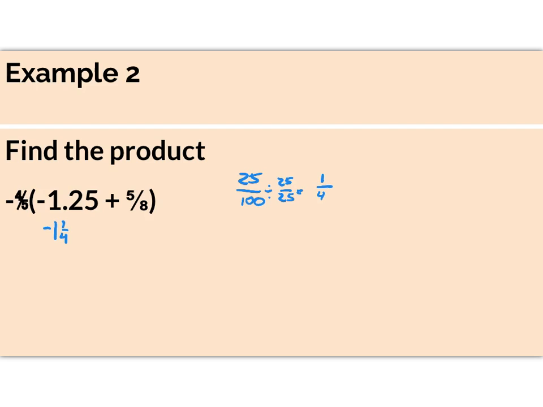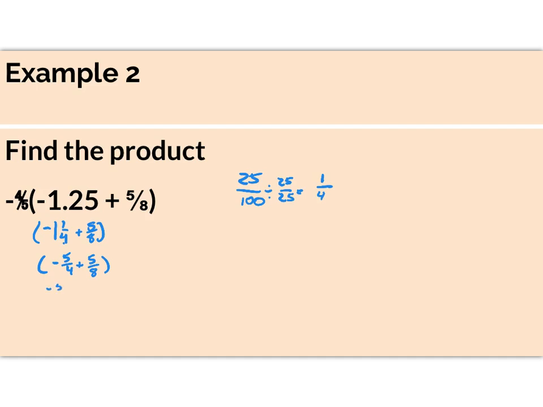I'm going to do what's in parentheses, so I'm going to have to add it to 5/8. So doing our math, 1 times 4 is 4, plus 1 is 5, -5 over 4, plus 5/8. We can't add two fractions with different bottoms, so 4 goes into 8 twice.